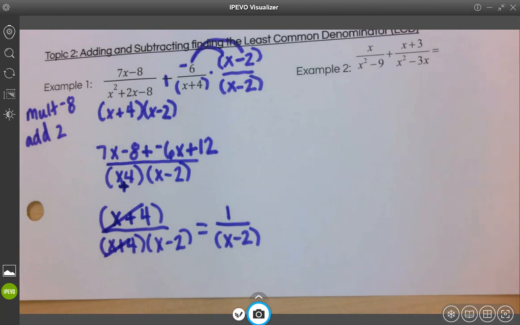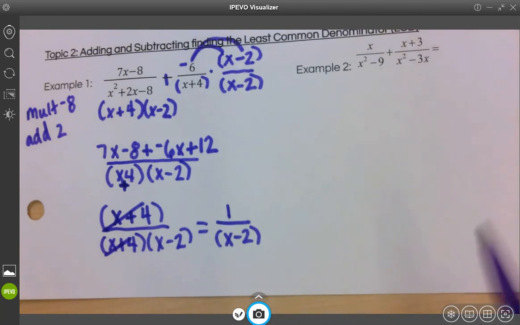Which of these is difference of squares, the first or the second? The first one is difference of squares. Do you guys remember the difference of squares pattern? The difference of squares pattern is that plus minus pattern.